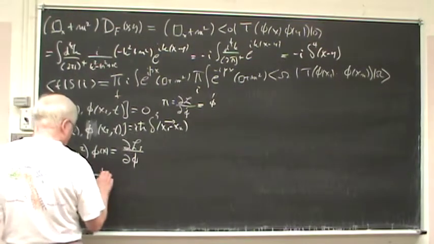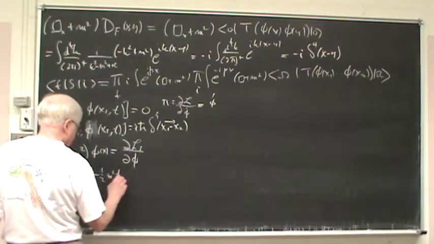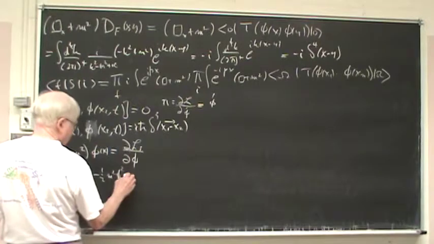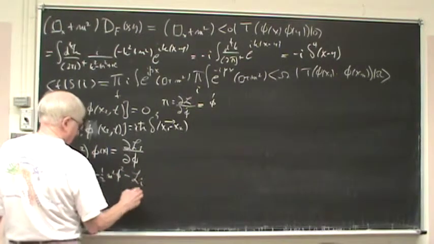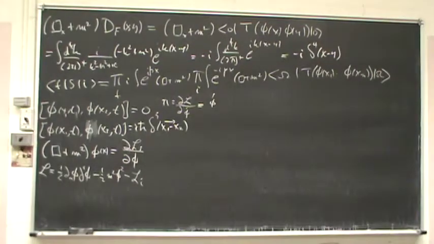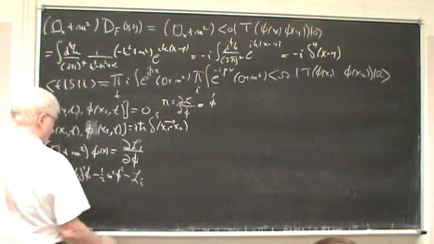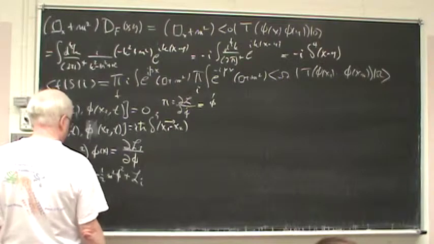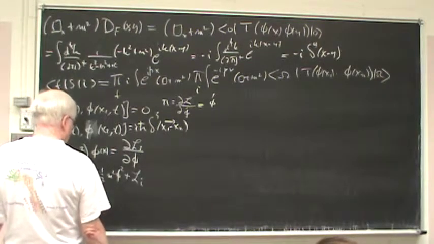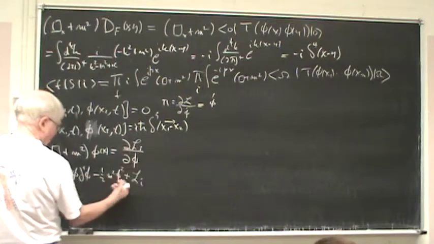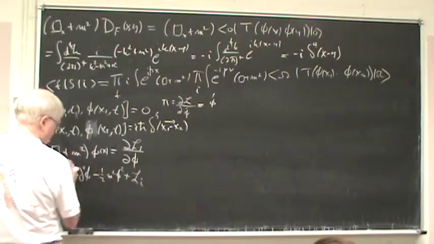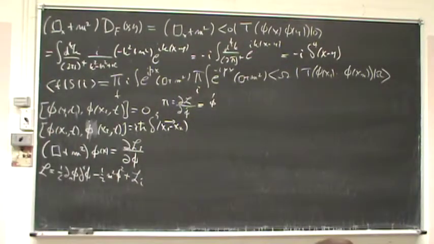The next term is minus a half m squared phi squared. And the next term is minus L interaction, or maybe it's plus L interaction. Yeah, it's plus L interaction, because what we're really doing is differentiating with respect to both of these. We get a minus, then we bring it over here. Okay, so that's what it looks like.